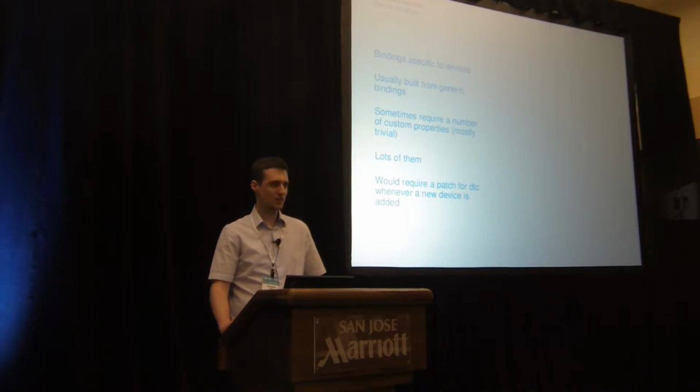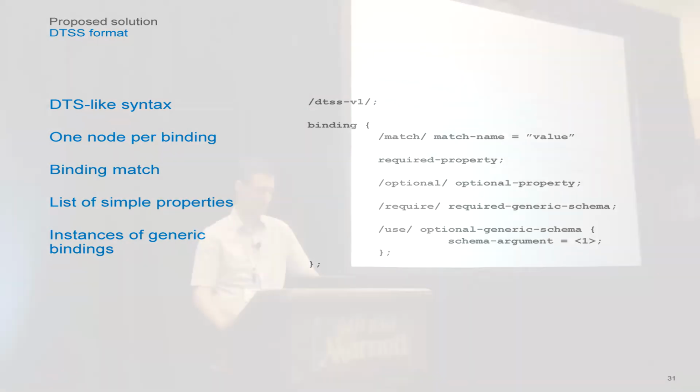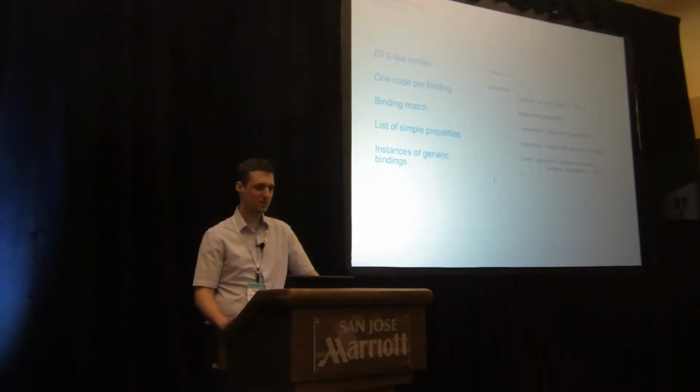So having them described directly in C would need a lot of patches being applied to DTC to support every new device. And so the proposal introduces yet another DTS-like schema language, but this time much more simple.